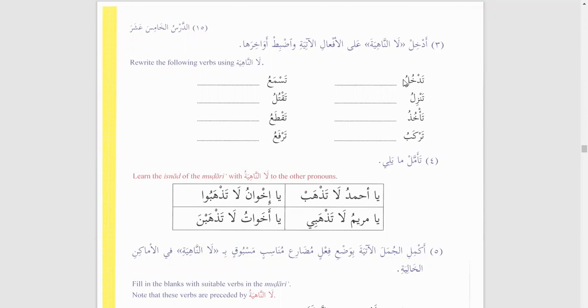Okay, tadkhul. We have to enter la nahiya, the law of prohibition. You prohibit someone from doing something. La tadkhul, okay? Tasma'u, la tasma', don't listen. Tanzilu, la tanzil, don't go down.